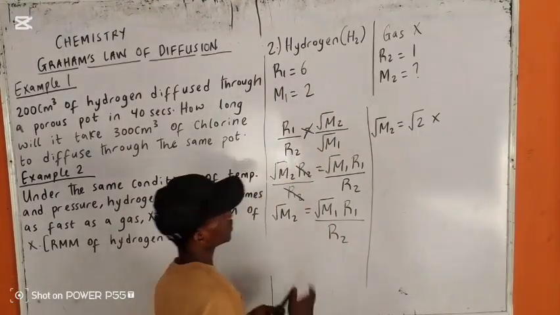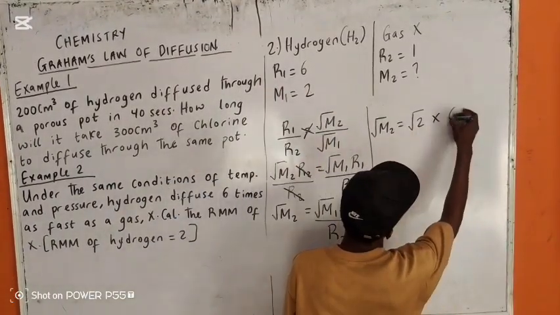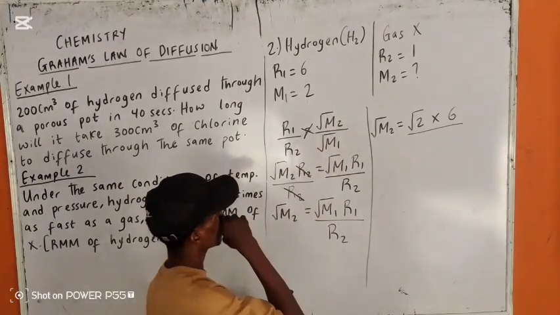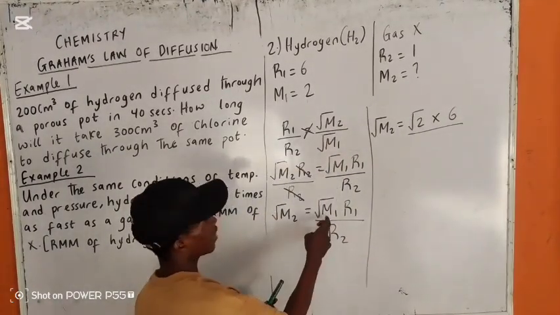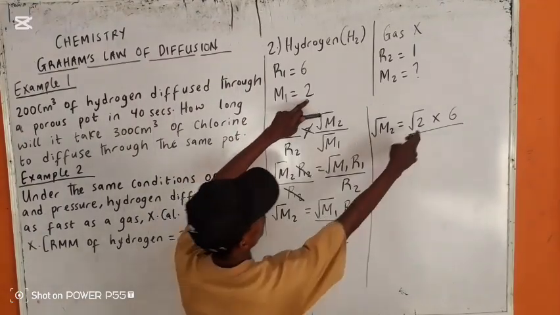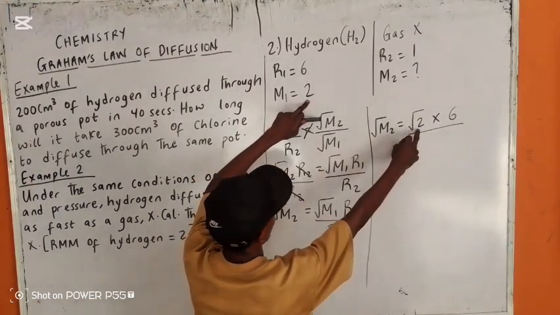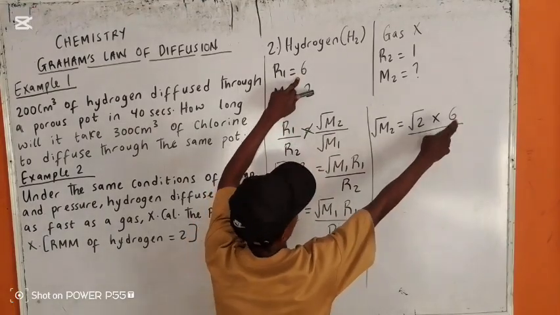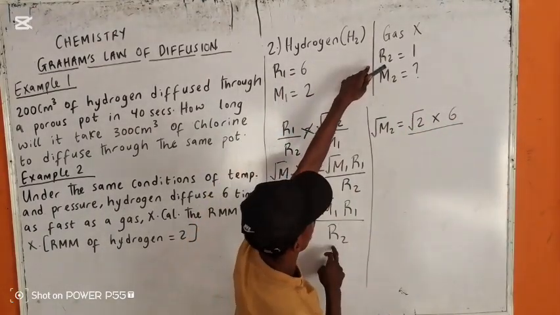Our R1 is 6, over our R2, which is 1. Our M1 is 2, that's the square root of M1. We have 2 multiplied by our R1, which is 6, and our R2 is 1.